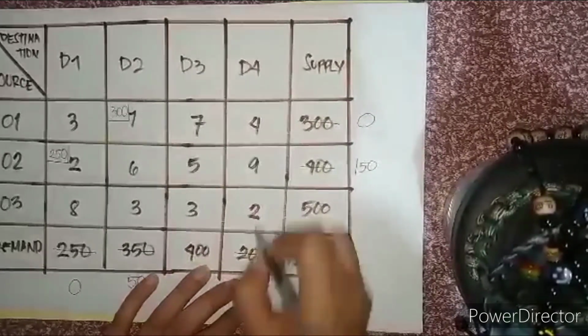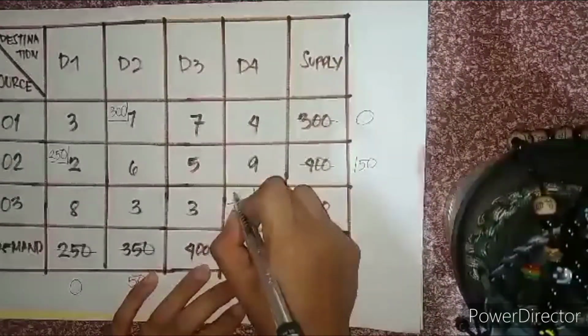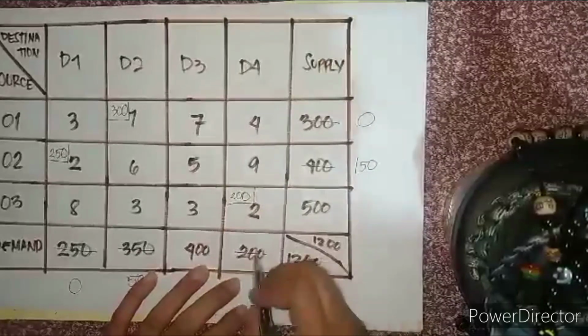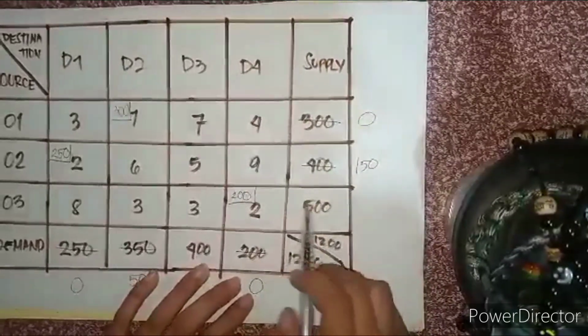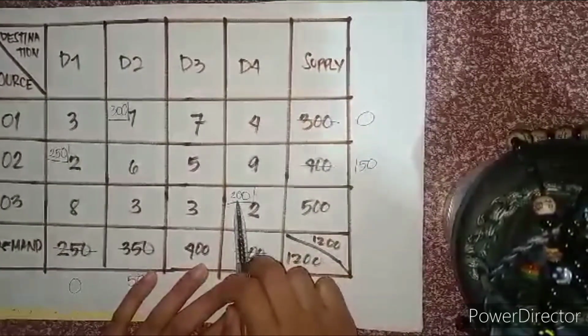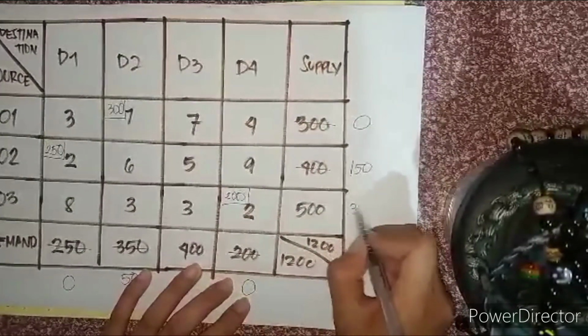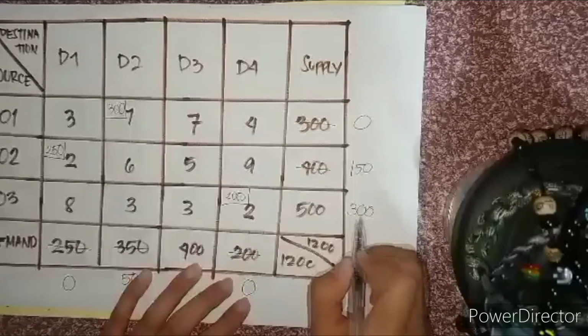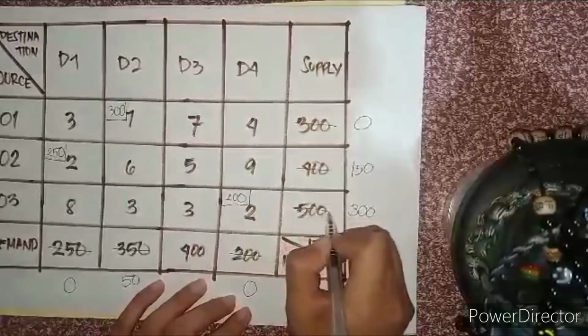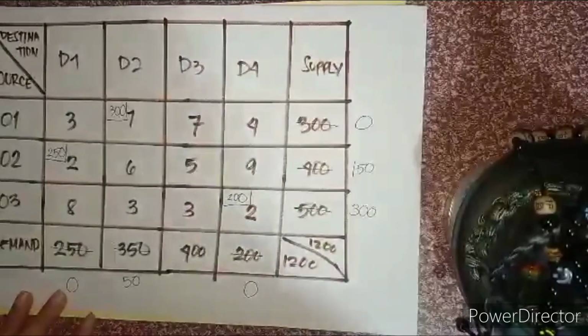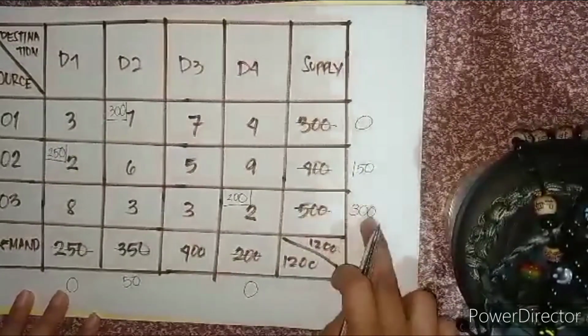So let's mark this out and put the 200 value here. So it will be 0 value. 500 minus 200 is equal to 300. So the value now is 300. Let's mark this out.